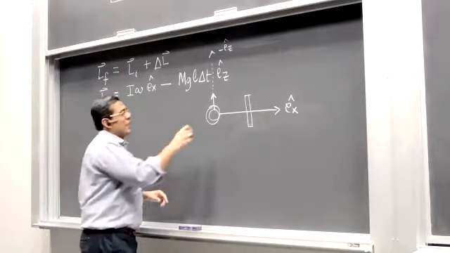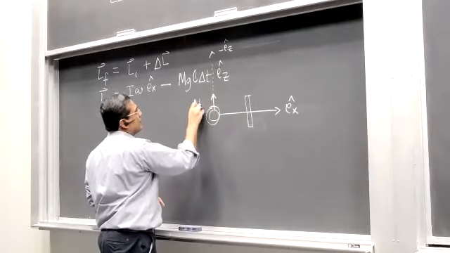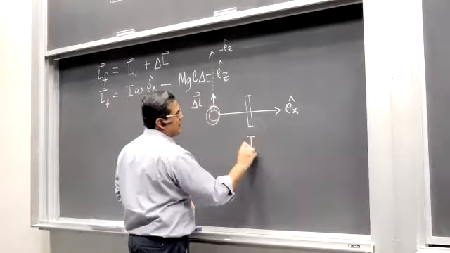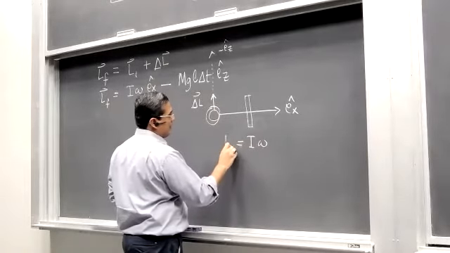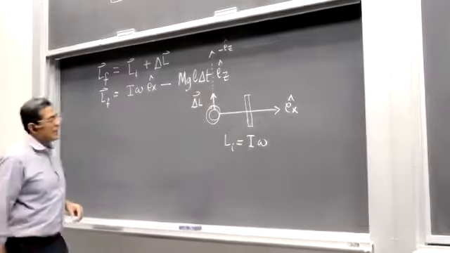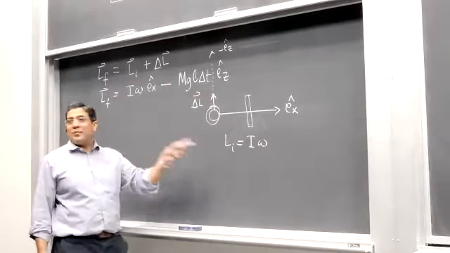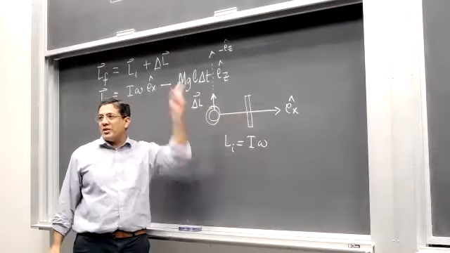This is the top view. And then this is delta L, and this I omega is Li, the initial momentum or the momentum due to the spinning of the wheel. And we have deliberately chosen this component to be large. We have spun it very fast.